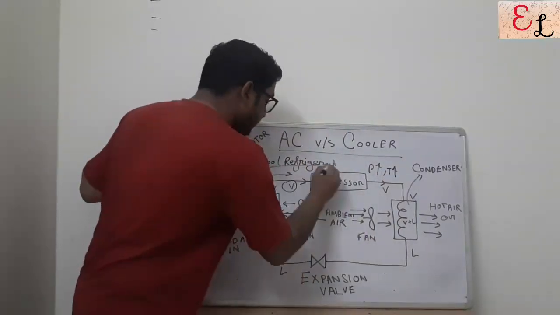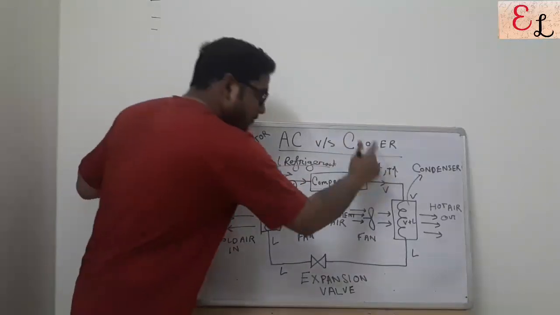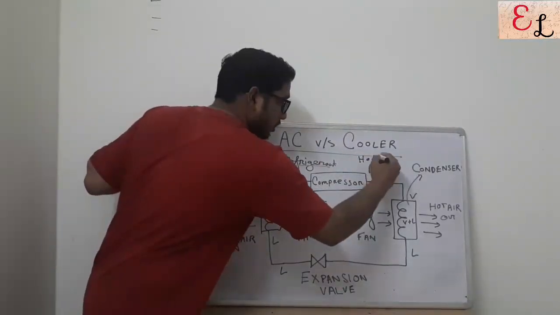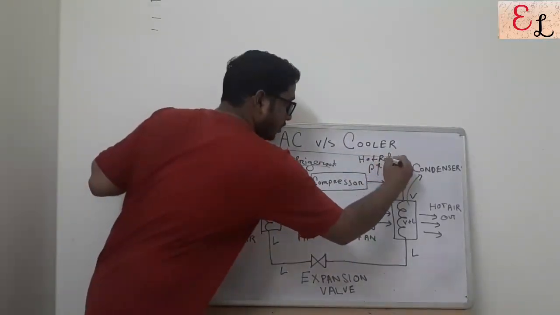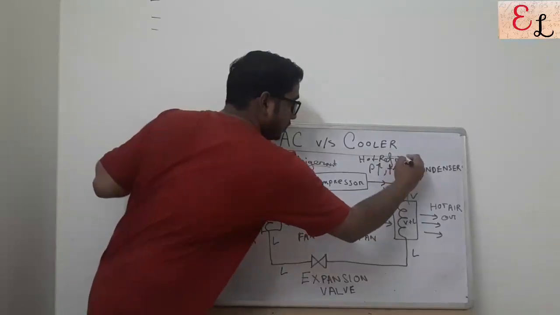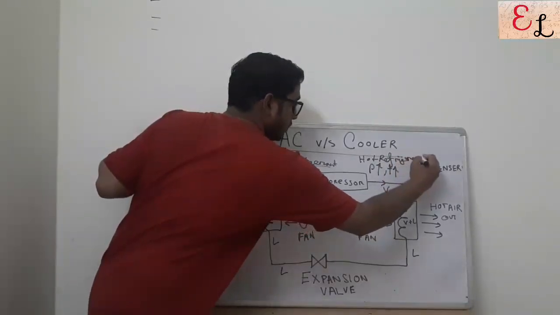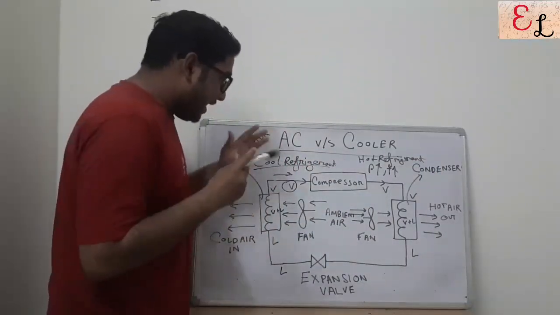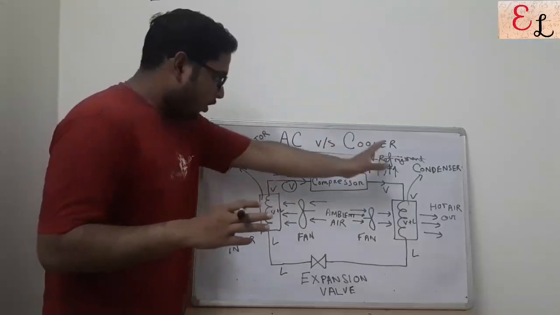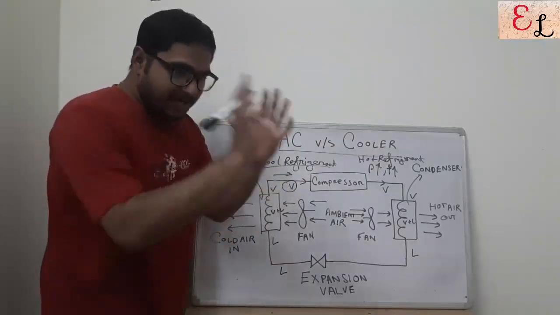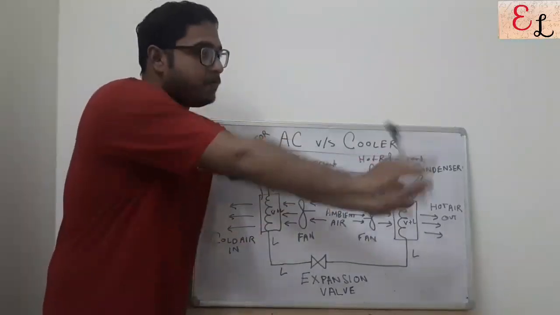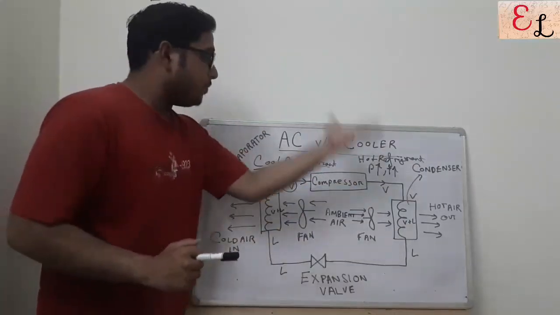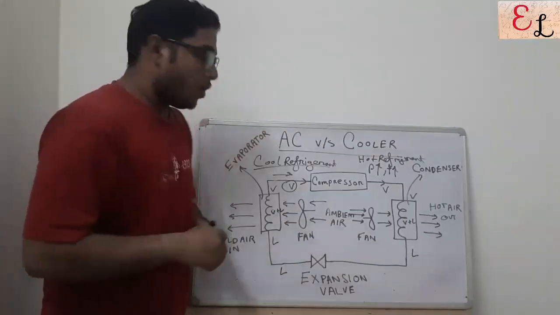So a cool refrigerant entering a compressor comes out as a hot refrigerant fluid under high pressure and high temperature. So it again is a vapor, a hot vapor. A cool vapor entering a compressor is pushed to a high pressure, and in turn the pressure and the temperature rise and it comes out as a hot refrigerant.